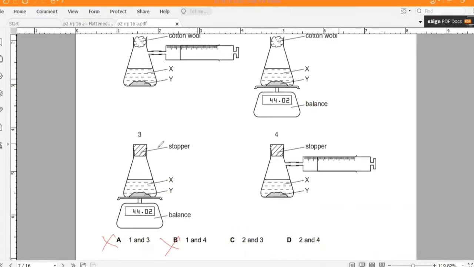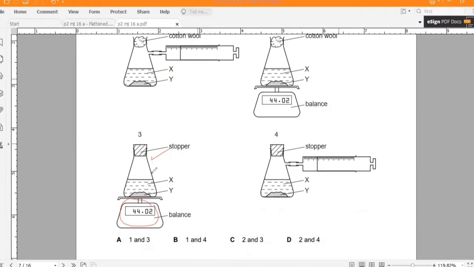Look at it. Here we have actually connected the stopper, and here you can see the balance, the mass 44.0.2. Basically, unless the gas moves or is measured in the gas syringe, unless there is a change of the mass, you are not going to get the proper substances.